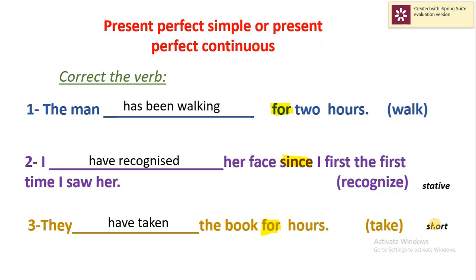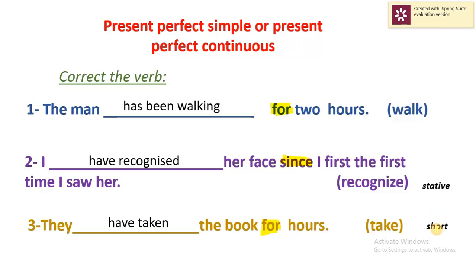So short and stative verbs, they never have an ing. You can never add an ing to them. While a verb like walk here, it has no problem with the ing, like sleep, like wait. They don't have any problem. So be careful when the verb is stative and when the verb is short.